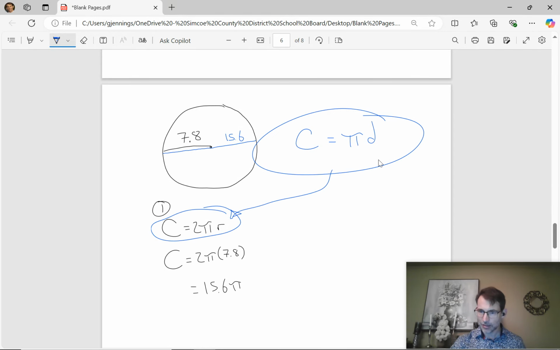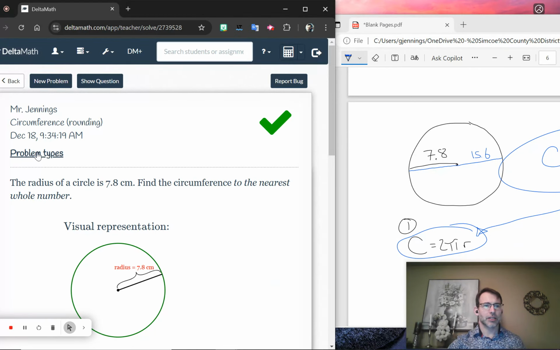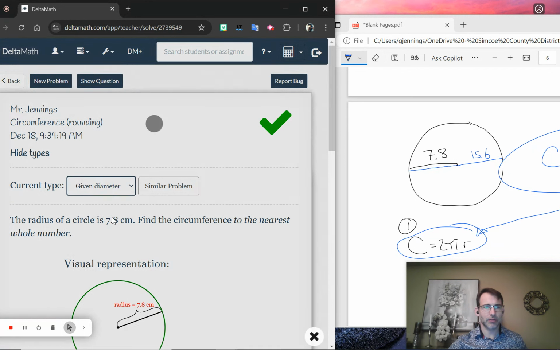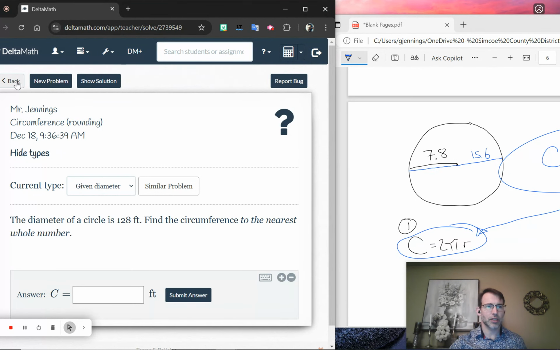To me, that's exactly the same formula. 2 times r is d, so it's not different. It's the math thinking. We'll get to the same place. So that's that. Given radius, given diameter, we've got just those two types.